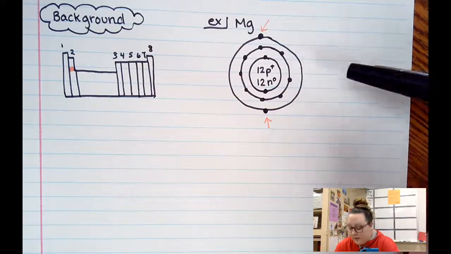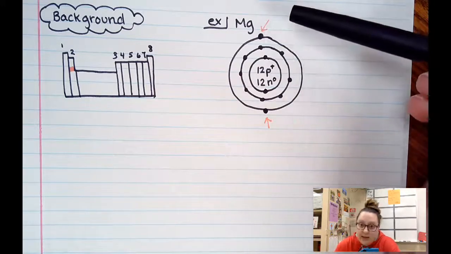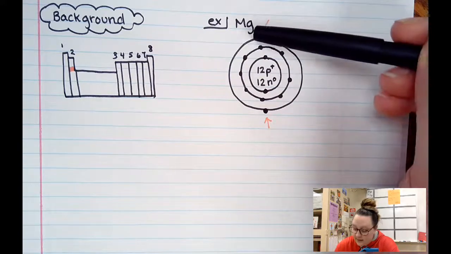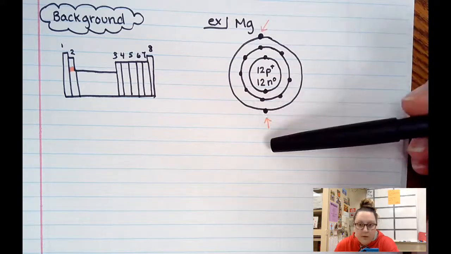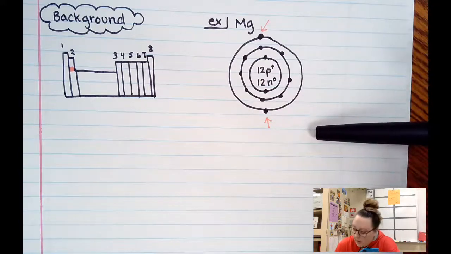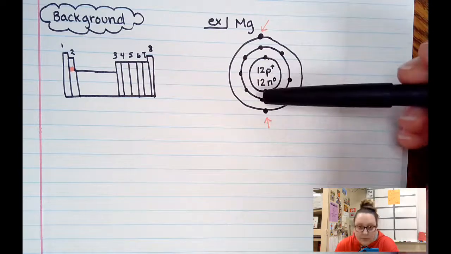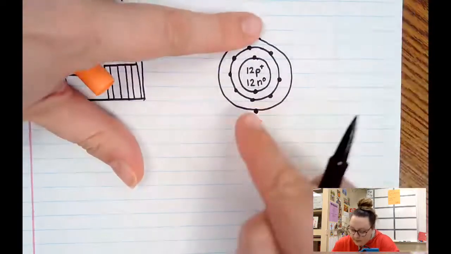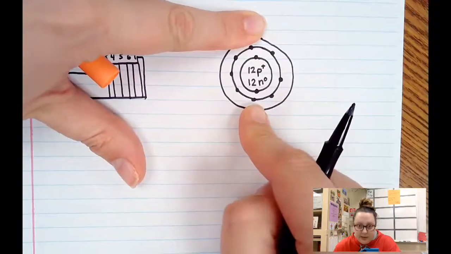Or it could find an ion or ions to give these 2 away, to transfer these away, so that it would go down to a full shell.